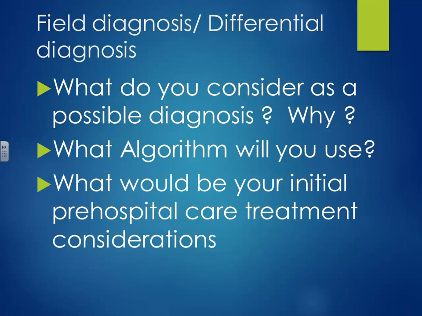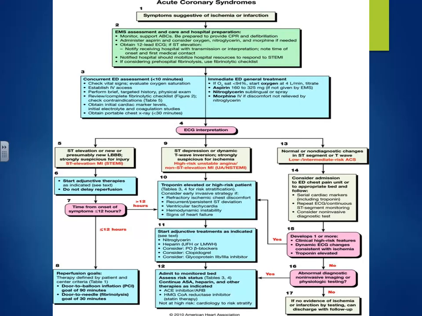So your initial pre-hospital care: O2, Mona Lisa. EMS assessment and care: monitor, ABCs, CPR, aspirin, oxygen, nitro, and morphine. What's my rule on nitro?